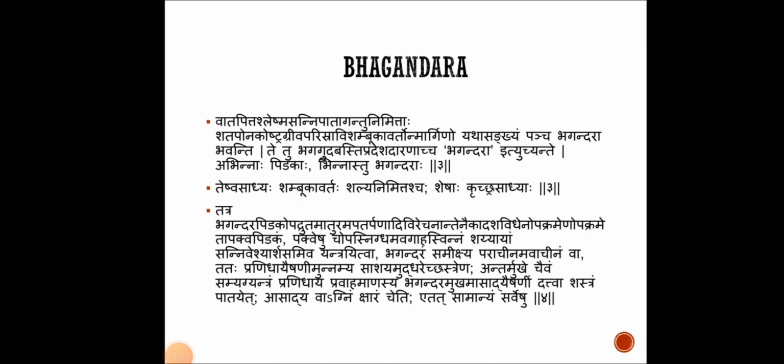Then the Ushtragriva Bhagandhara, that is the second type. Pitta gets aggravated, pushed down by the Vata, becomes localized in the area and will cause Pidaga, which is red in color, thin, elevated, and shaped like an Ushtragriva. Ushtragriva means camel neck.